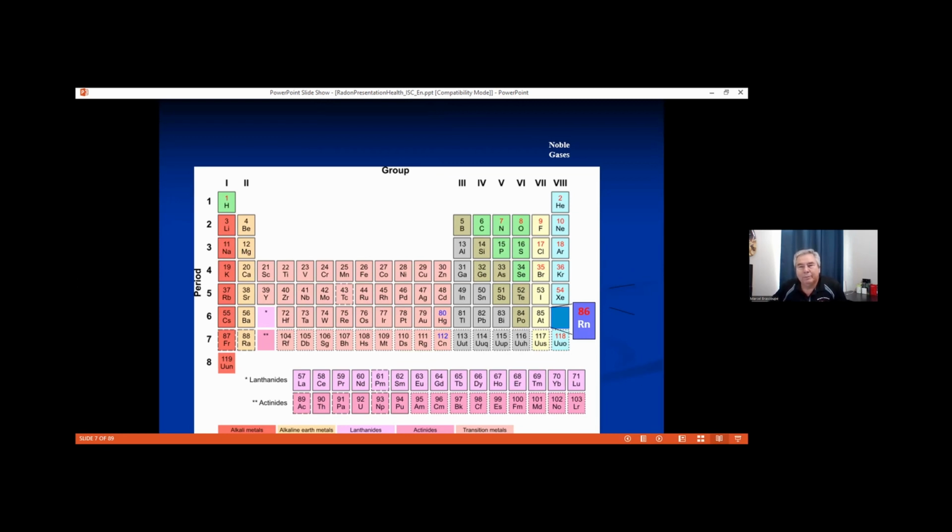Polonium is a metal. It has 84 protons. So radon has 86 and polonium has 84. You'll see in the next couple of slides why I am focusing a little on polonium, 84 here. Every element has a different number of protons and a different atomic number.